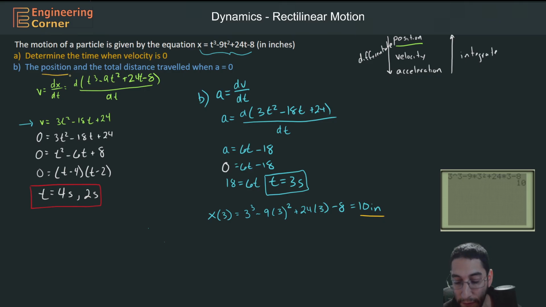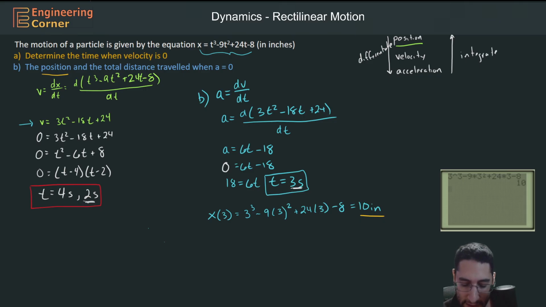Now we need to figure out the total distance traveled. The total distance traveled is a little bit trickier because we have to keep adding up the entire distance from when time is equal to 0 to time is equal to 3 seconds. So we also need to figure out our particle's position at each of the important times, which is going to be 3 seconds, which we just did.